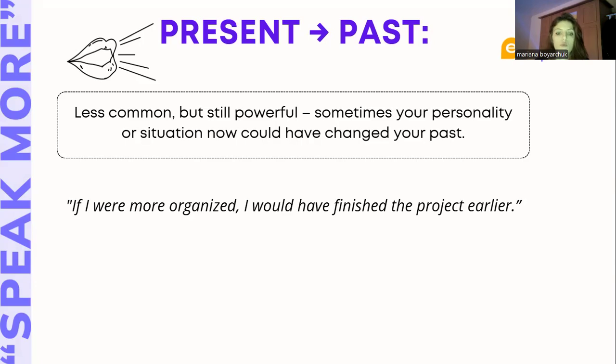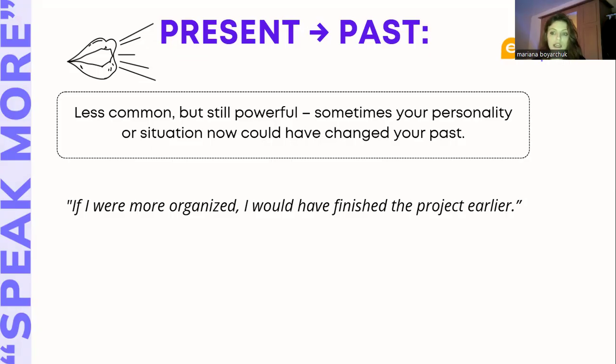If I were more organized, so I'm not really organized now and in general. So that's why I didn't finish the project earlier. I haven't finished the project earlier. But if I were more organized, I would have finished the project earlier.